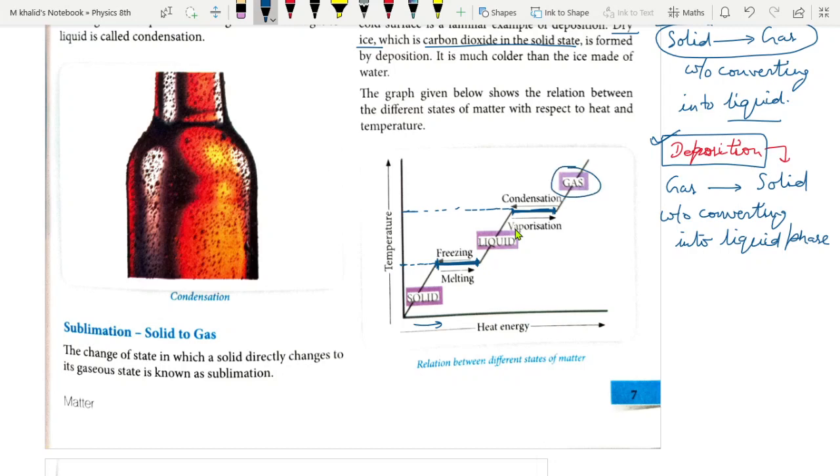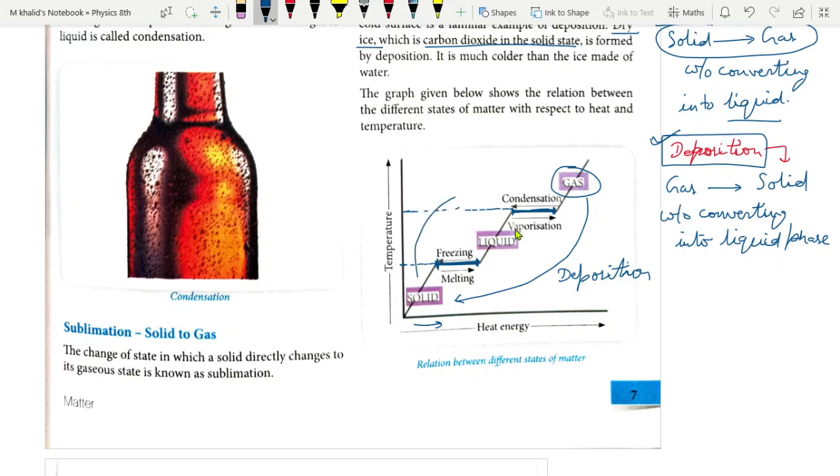Its reverse is also possible: from the gaseous phase it will convert into liquid by the process of condensation. From liquid to solid, it will go through the freezing process, the reverse of melting. And if it converts directly from the gaseous phase to the solid phase, we say it is a deposition process.